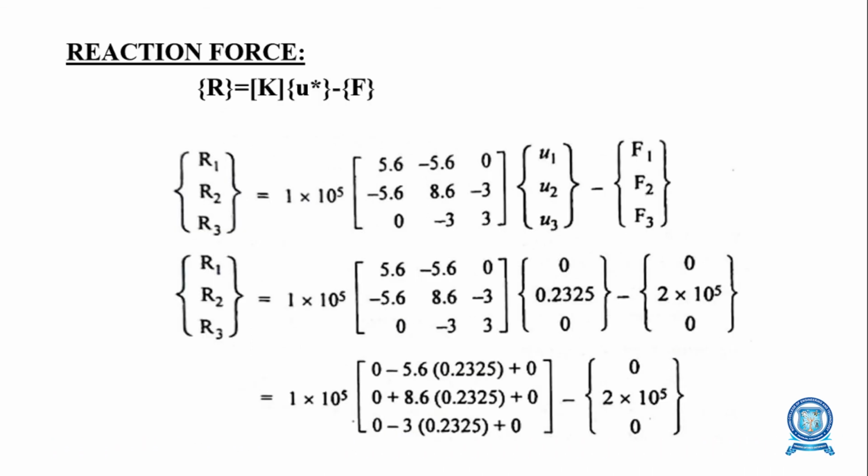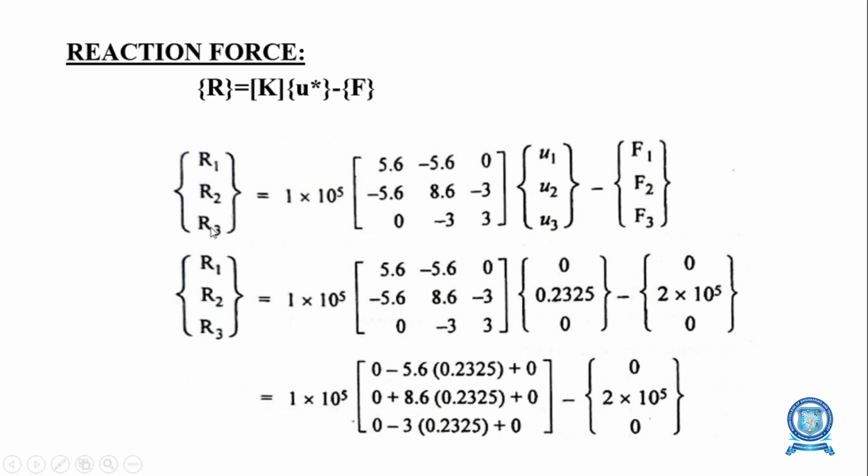Now, we are going to find out the reaction force values. To find out the reaction forces in the given stepped bar element fixed at both ends, the reaction force vector matrix R is equal to stiffness matrix K into vector matrix of U star minus vector matrix of F. So here there are three nodes, so we are going to find out the reaction forces for the three nodes.